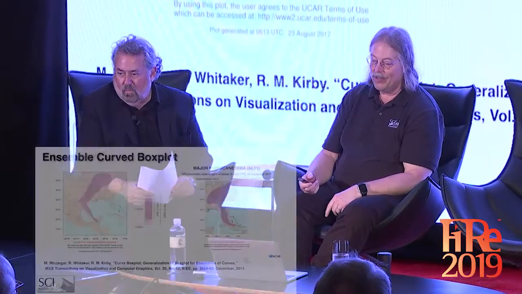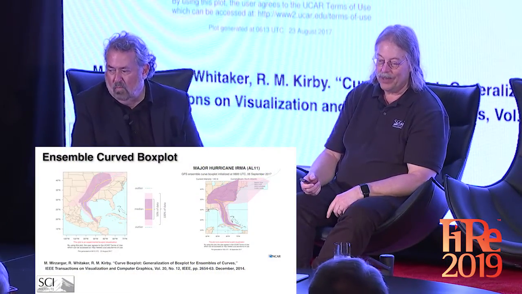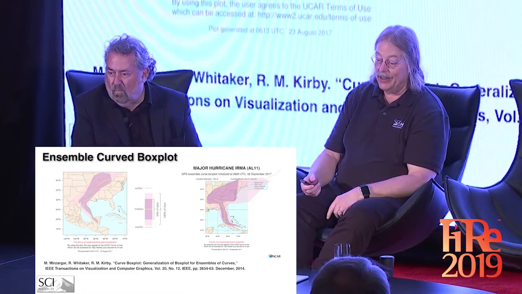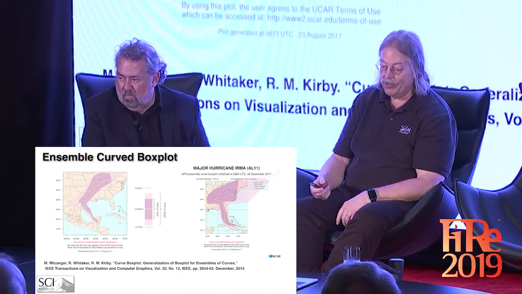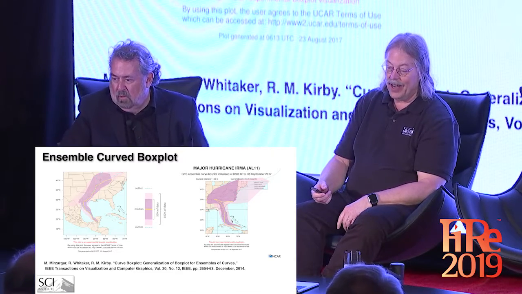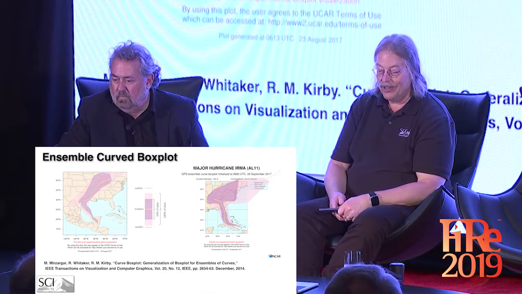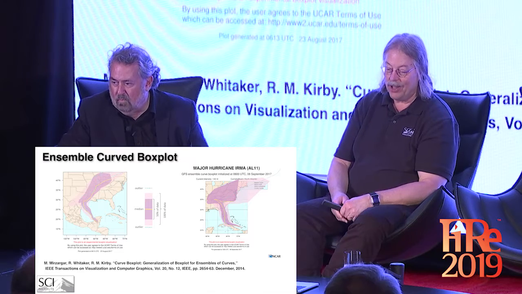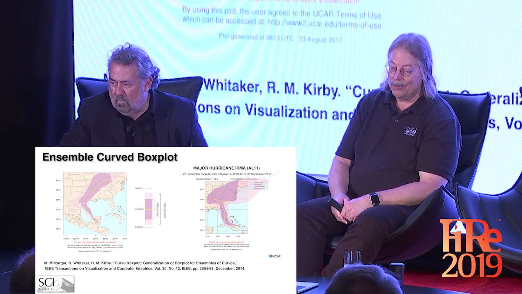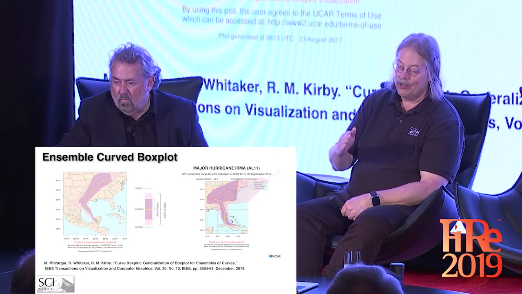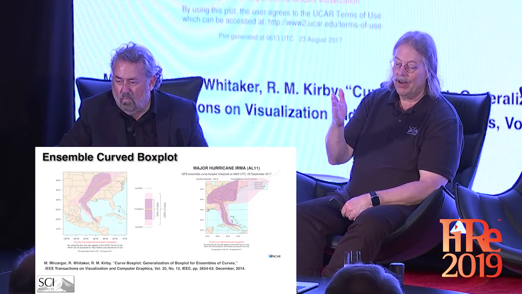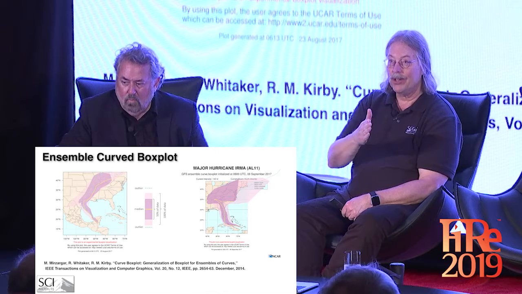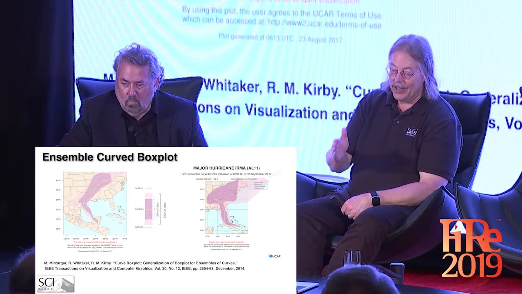And so two years ago, when Harvey and Irma came up the East Coast in Florida, one in August and one in September, so late hurricanes, massive hurricanes, NCAR used our box plot to see if their scientists could better understand the uncertainty of all of those trajectories from the computer simulation models that they were using.